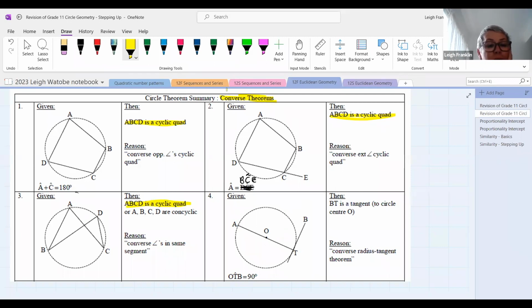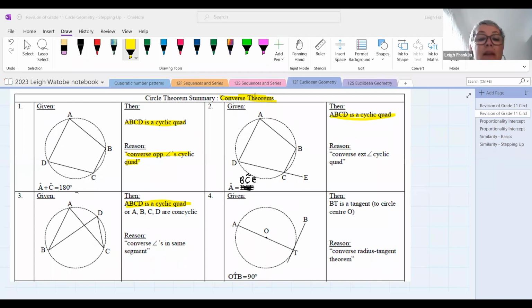So the first one is, if you can prove that angle A and angle C add up to 180, or if you could prove that D and B add up to 180, then you could prove that the quad is cyclic, and the reason for that is converse, opposite angles of a cyclic quad. Okay, but you have to use the word converse if you're trying to prove that the quad is cyclic.